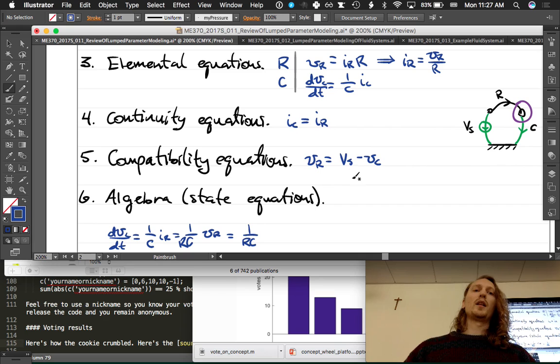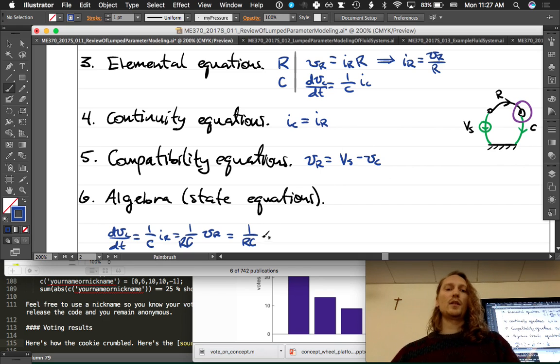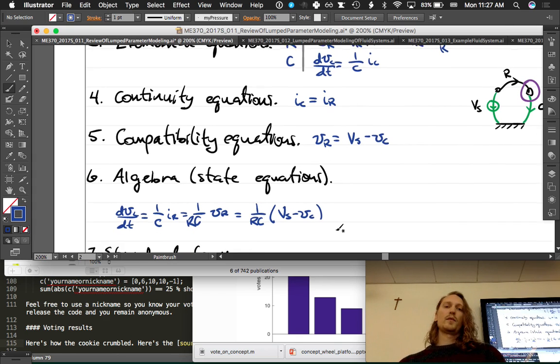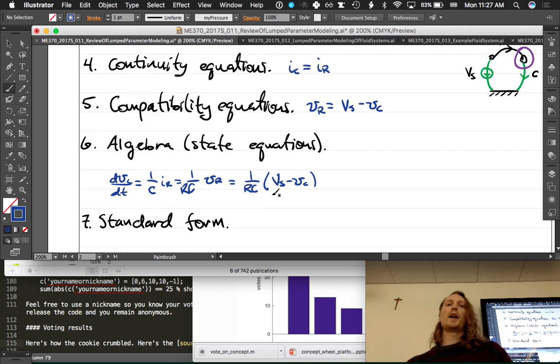It can be eliminated by this compatibility equation, which is Vs minus Vc. And what is Vs? What type of variable? Source, input variable. What is Vc? That's the state variable. So we're done, right? We're done. Easy.